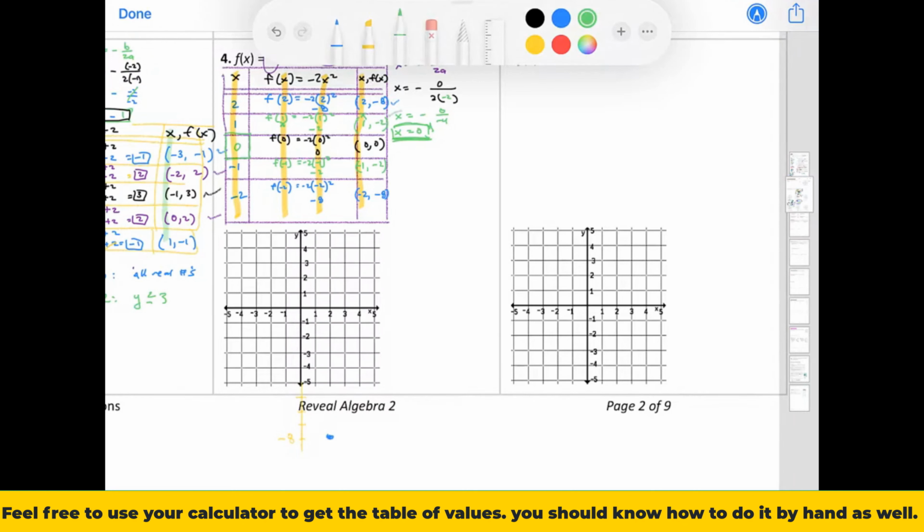And then I have 1, negative 2, so right 1, down 2. 0, 0 is the origin, so you stay right in the middle. And then left 1, down 2. And then left 2, down 8. Whoops. And then pick colors, pick red.